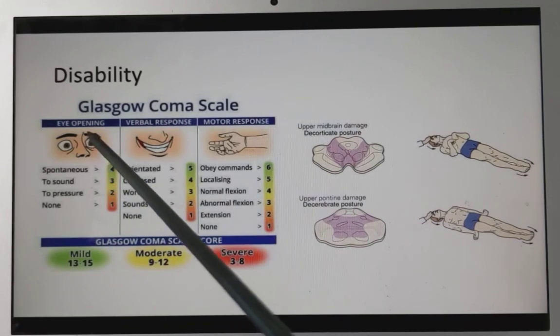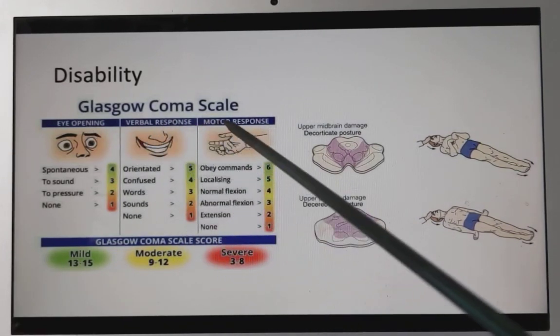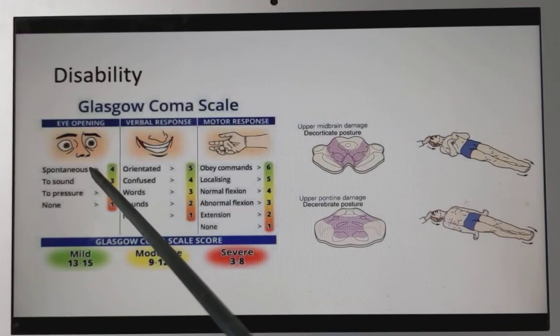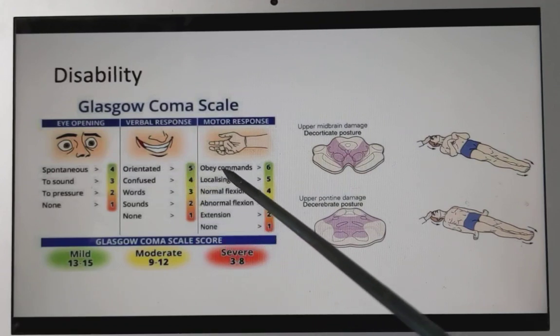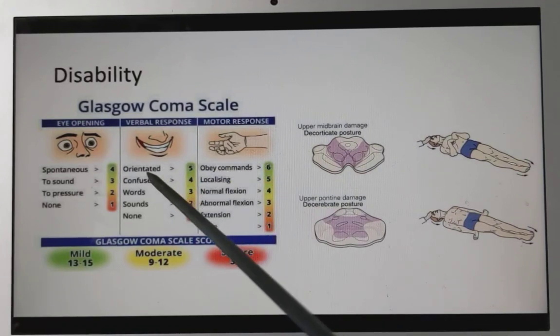So it's 3 parameters: eye opening, verbal response, and motor response. A normal person's eye opening would be spontaneous, they would be orientated, and they would obey commands.